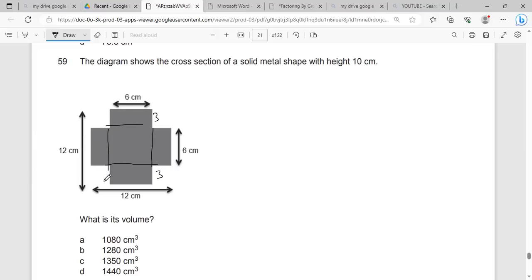Let's put in some figures, guys. Yes, 6. All the way across is 12. Here's 6, so it's 3, 3. I could find the area for all of this. 3 times 6, that's 18. This one here, 18.